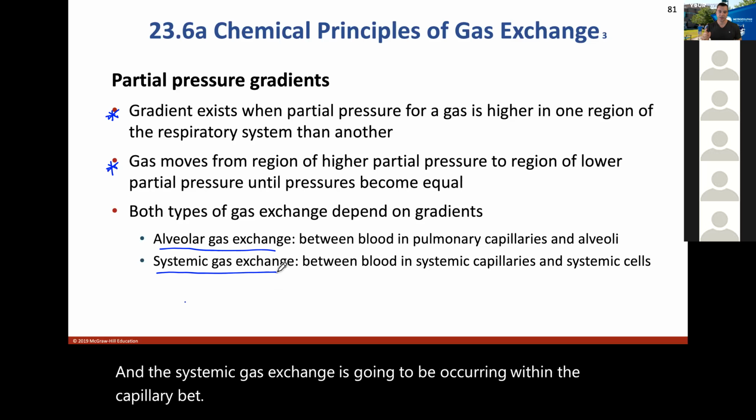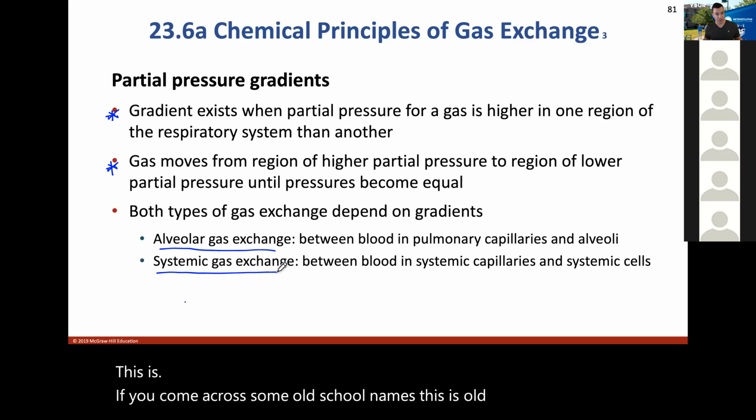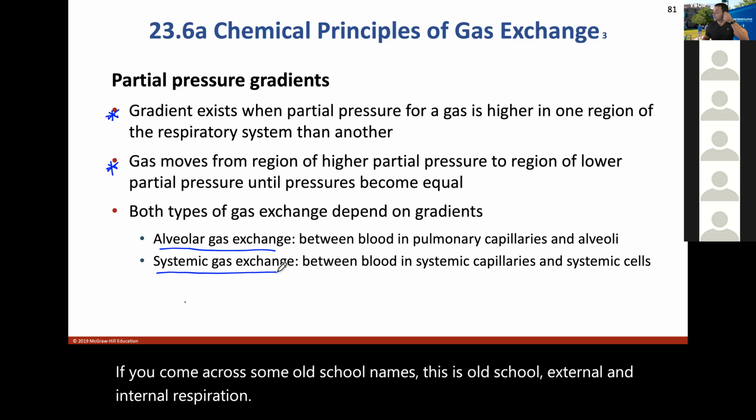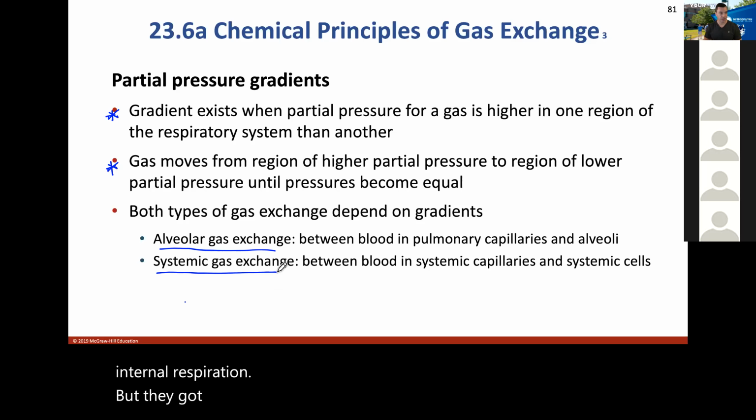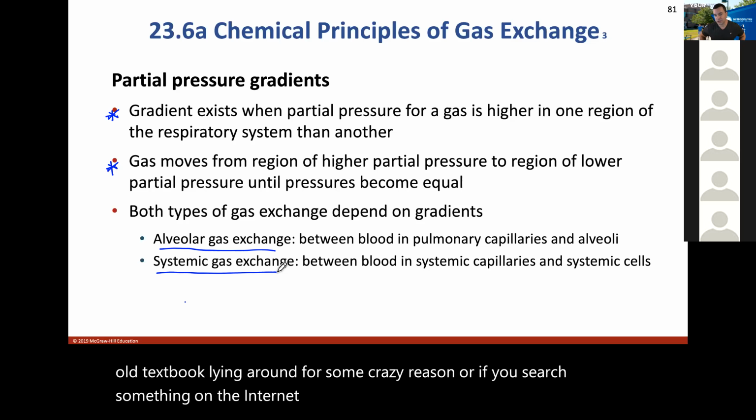If you come across some old school names, this is old school external and internal respiration. But they got rid of those terms, I think, just this past year. So if you have an old textbook lying around for some crazy reason, or if you search something on the internet, when they talk about internal and external respiration, this is what they're talking about.